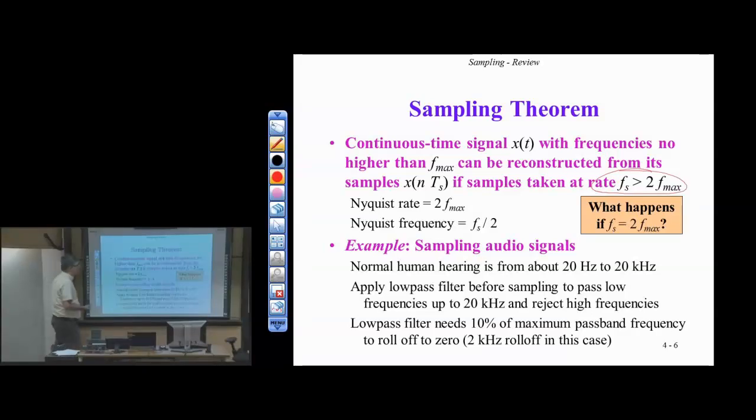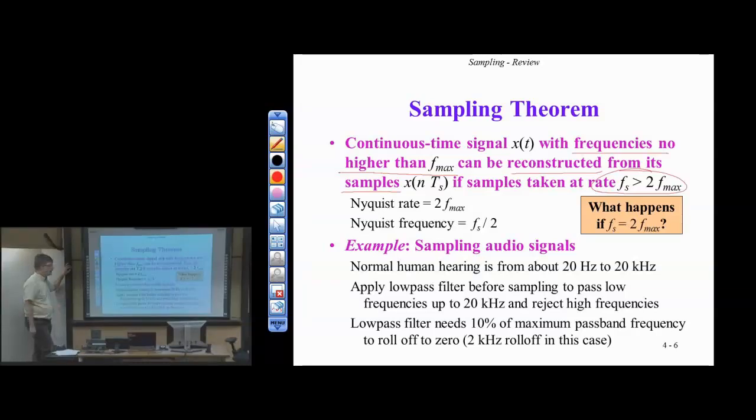So some keywords in here: continuous time signal with frequencies no higher than f max can be reconstructed from its samples if the samples are taken at a rate fs greater than 2 f max.